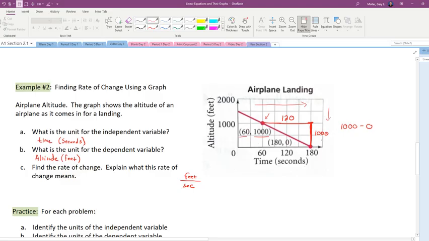And so I have gone over 120 seconds of time, and my feet has dropped by 1,000. So I'm going to label this as negative 1,000 because we went down 1,000. So then what's my rate of change? It's simply going to be negative 1,000 over 120 seconds. I lost 1,000 feet over 120 seconds.